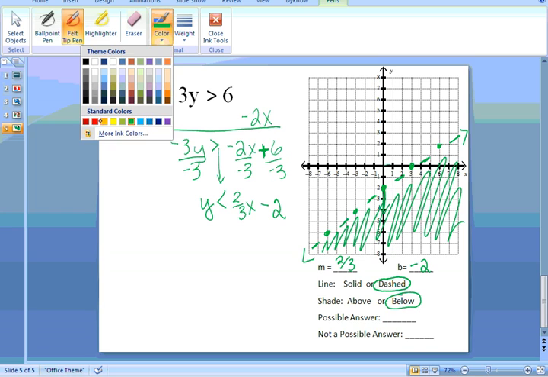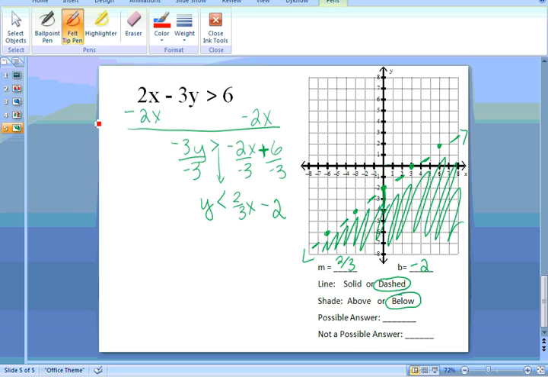Possible answers. 3, -2. Something that's not a possible answer, 3, 2.